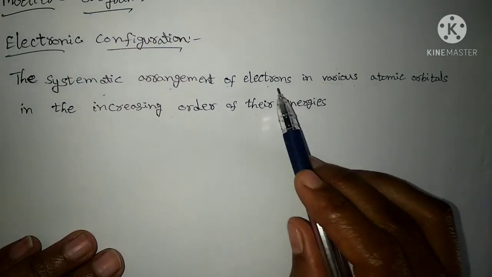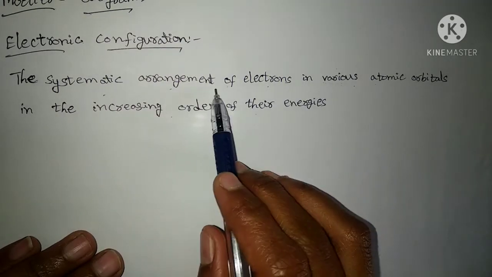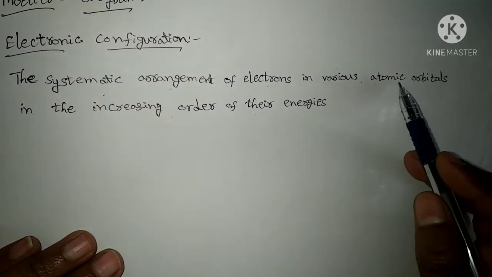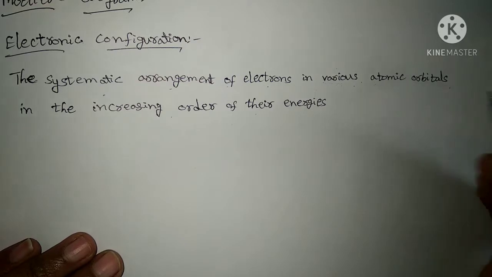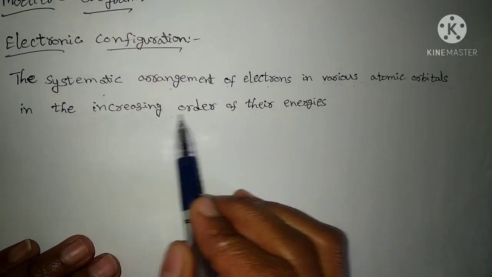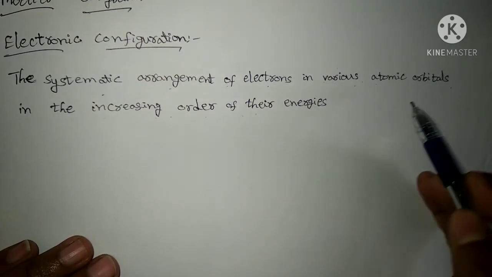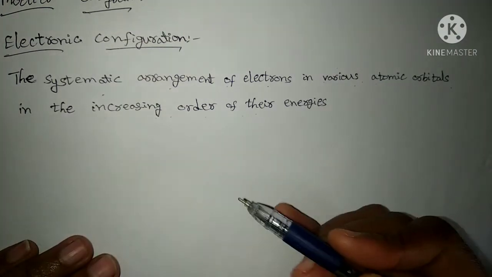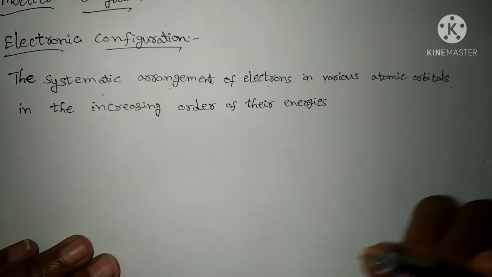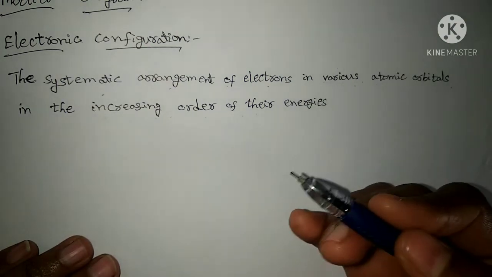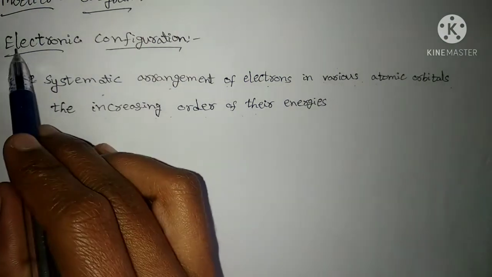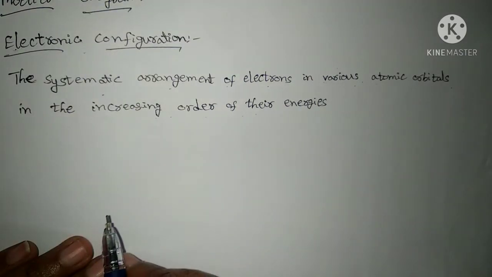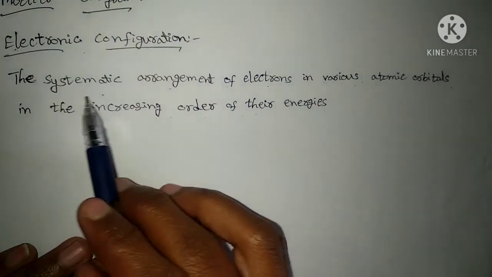Electrons arrange in various atomic orbitals according to the increasing order of the energy of atomic orbitals. In this manner, electrons enter into the atomic orbitals. This is called electronic configuration.